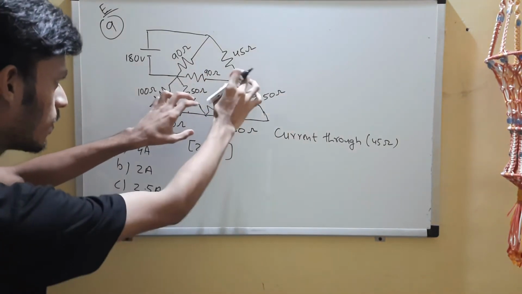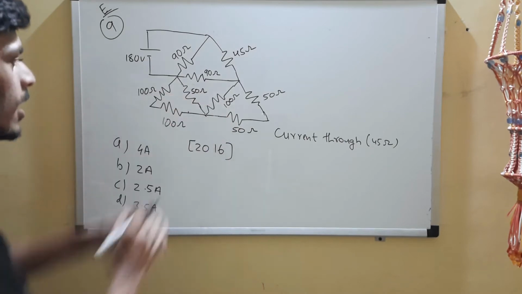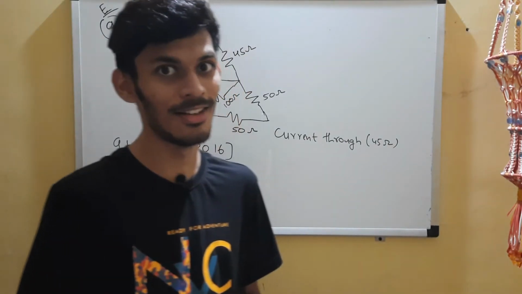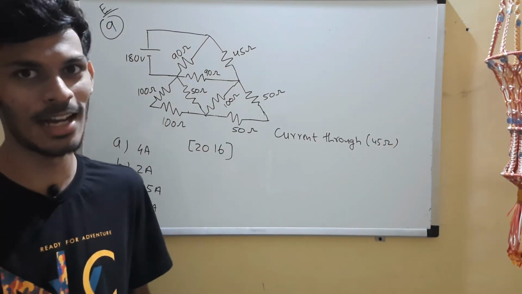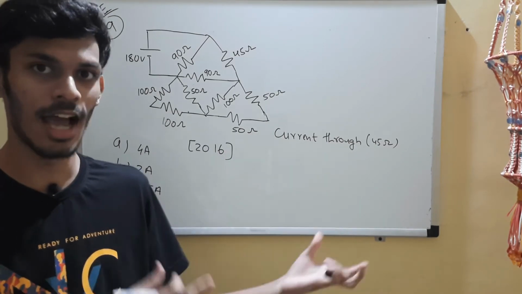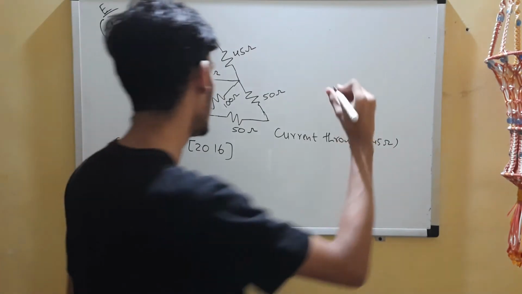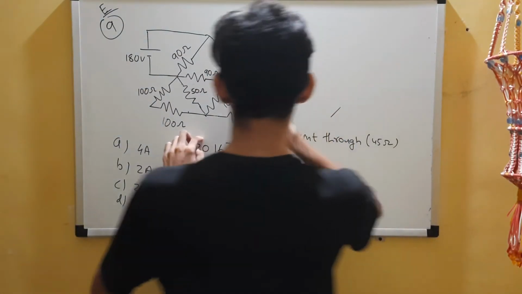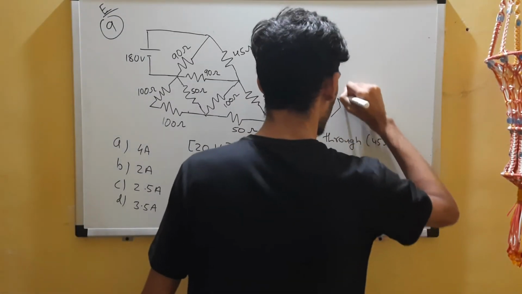So this 50 ohms and this 100 ohms and this 100 ohms in parallel makes it 50. 100 and 100 in parallel makes it 50, just like R and R in parallel makes it R by 2. So we simplified this part and we have 50 over here.